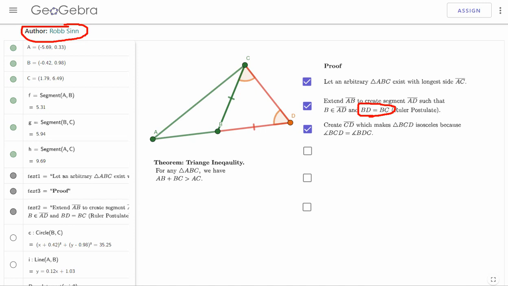So we know that these two line segments are congruent. So we know that this triangle, BCD, is isosceles, right? It has two side lengths which are equal. All right, let me get rid of some of the mess.